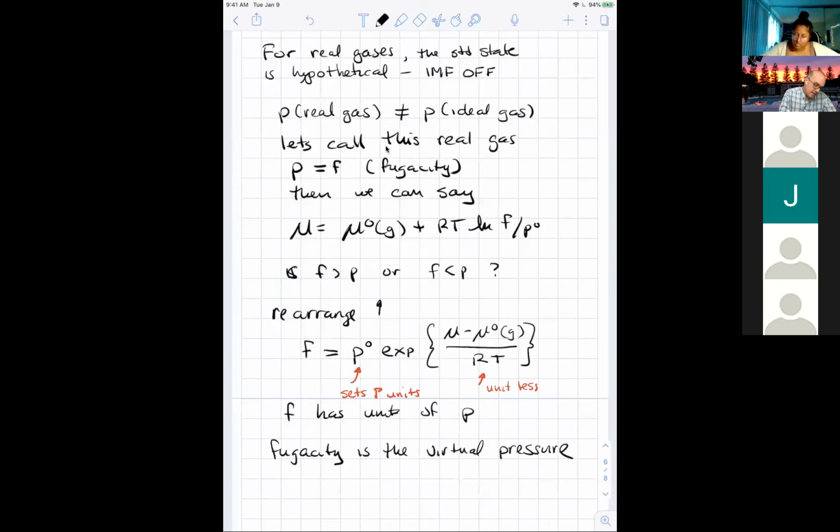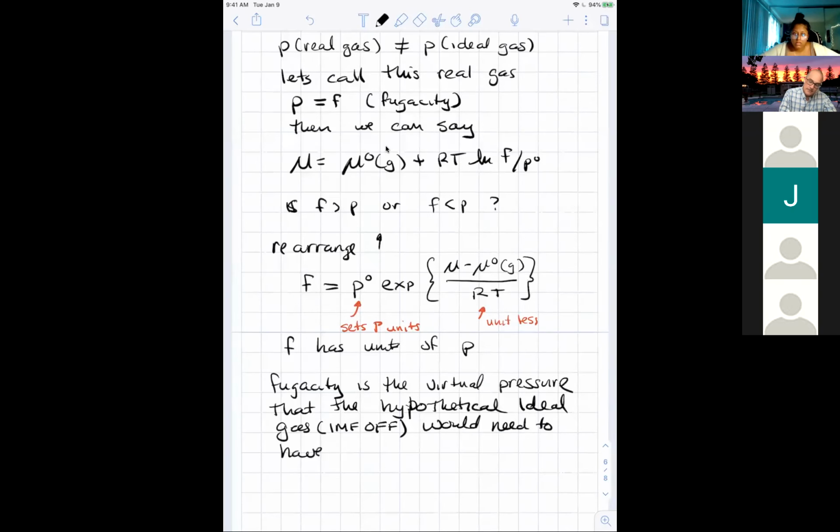The virtual pressure that the hypothetical ideal gas, in other words, IMF off, I keep saying this, I'm just trying to emphasize it, would need to have in order to have the same chemical potential of the real gas, right?